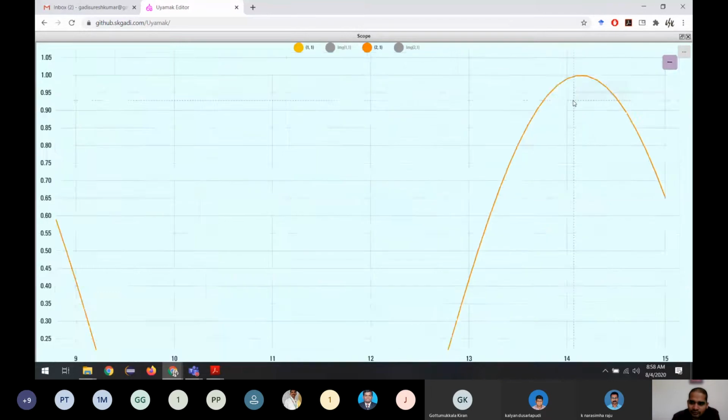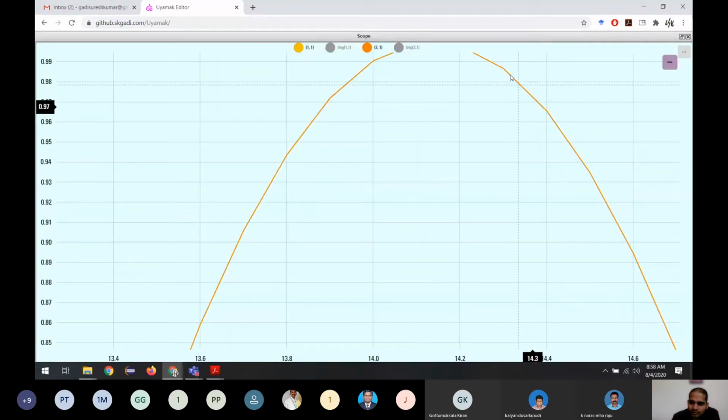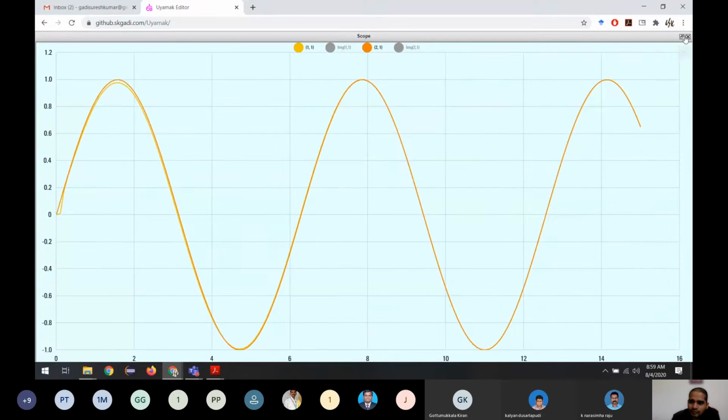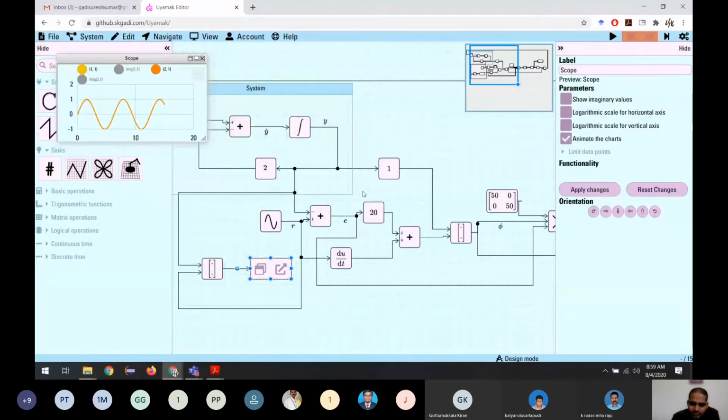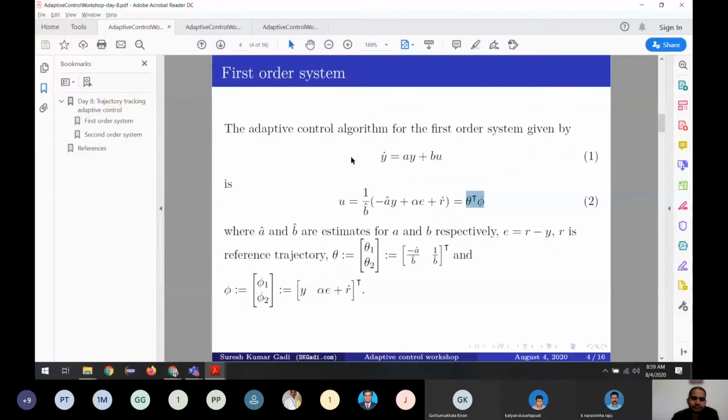So after 15 seconds, we can see both are together. So what do we say? Our control algorithm is working. And this is for the first order system. If you have any doubts, please ask me.